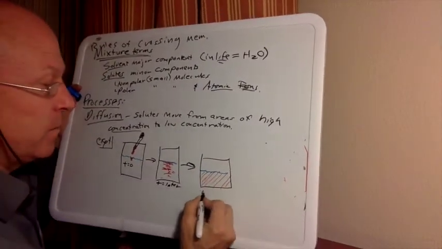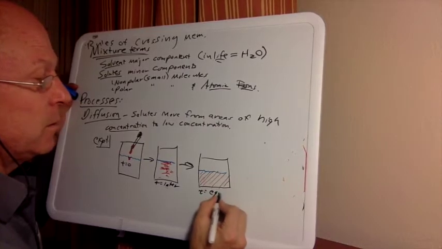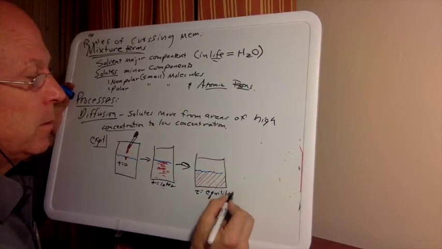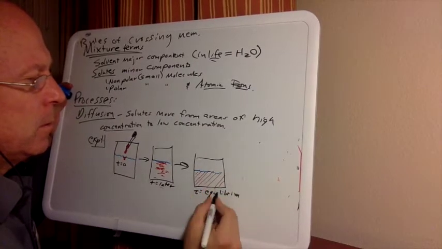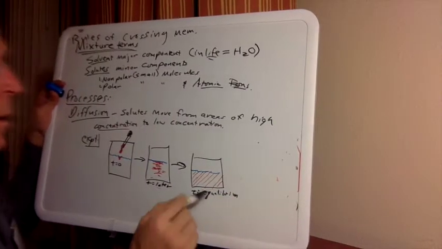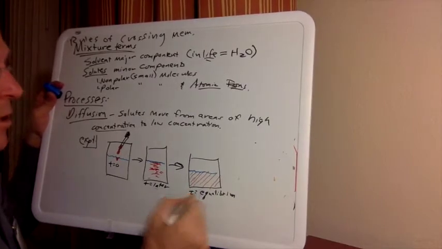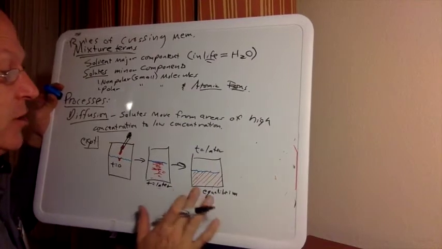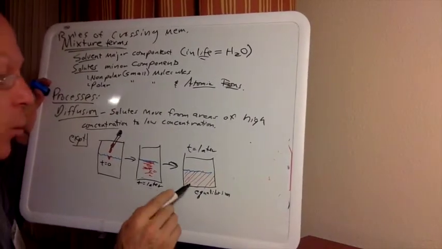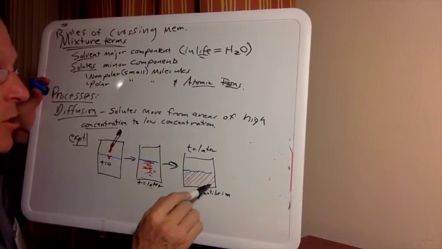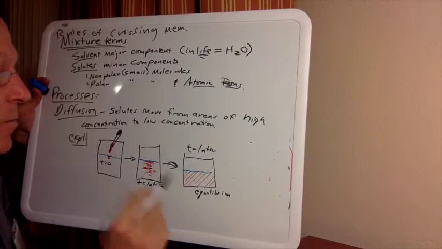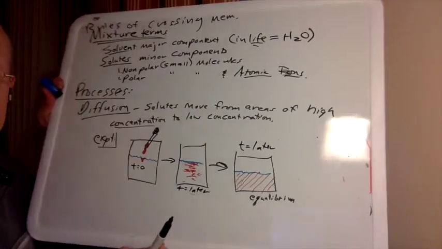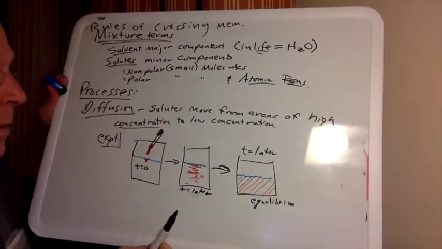So this is T equals equilibrium. This stage here is when the whole thing is at an equilibrium, where the concentration of the solute molecules in any given place are equal. So that's diffusion. Take a look at diffusion in all of its beauty, and that's the first thing.